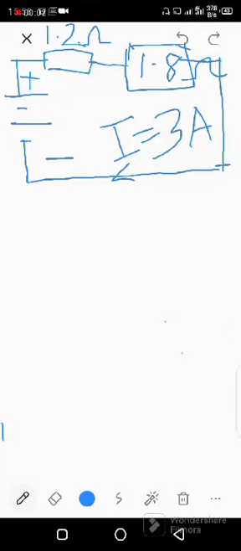So right, here is a calculation that can simply help us to calculate the total voltage. Here we have total voltage, which we don't know. But we can see that there are two resistors. We can name this resistor 1, and this resistor 2.